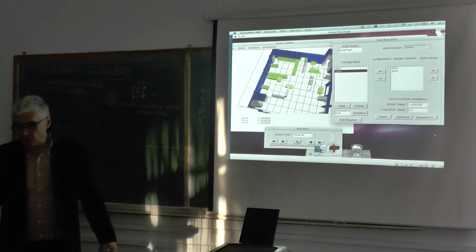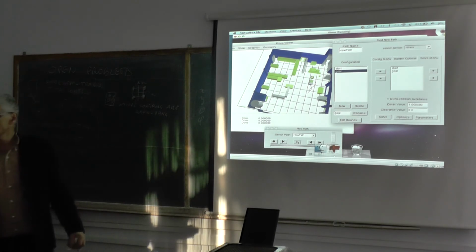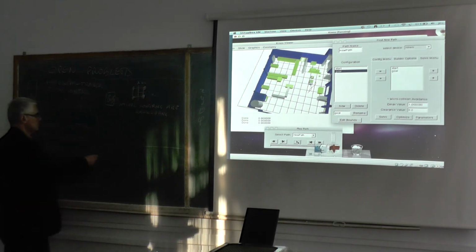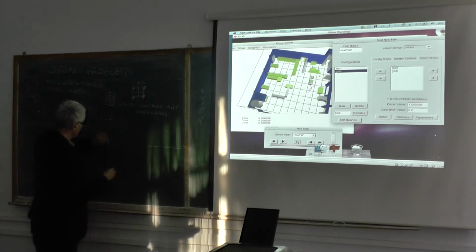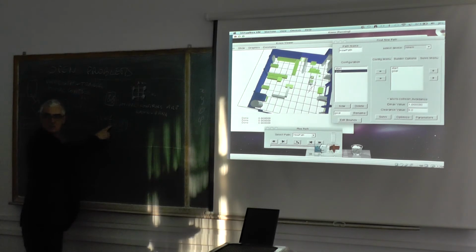If you integrate the equation, you obtain the clothoids. Clothoids, I don't know if you know what is the clothoid. No, I'm sure you know. This is a curve like this. The curvature is the inverse of the curvilinear abscissa.